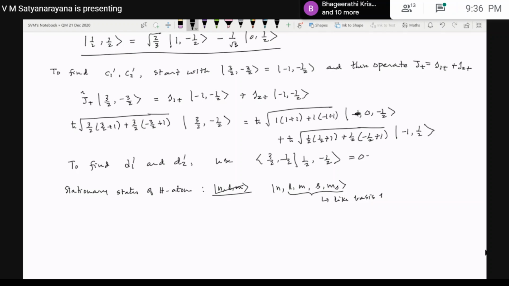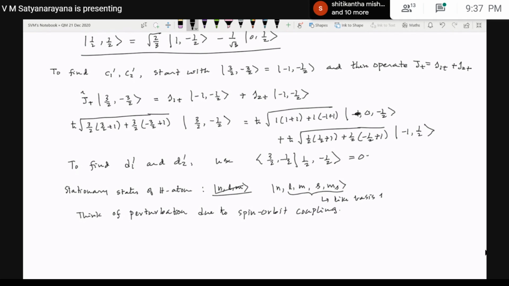But suppose you have some perturbation due to something called the spin orbit coupling. That means this is a relativistic correction.